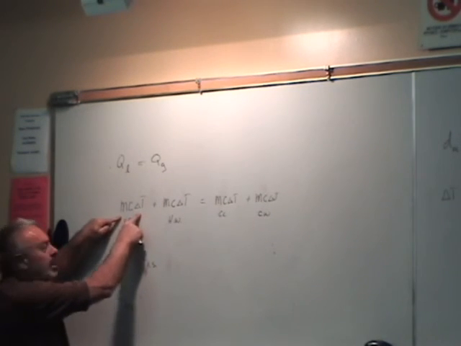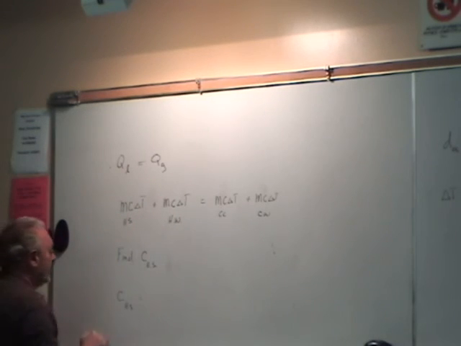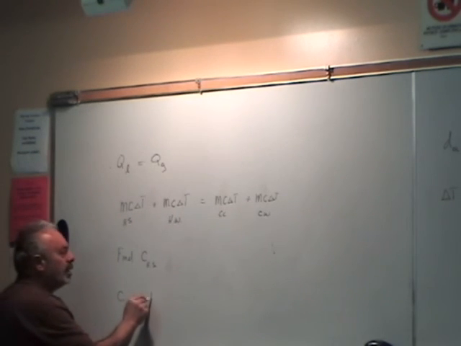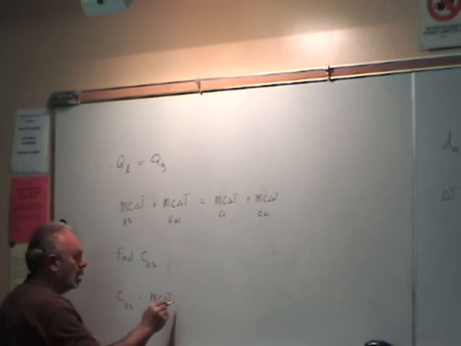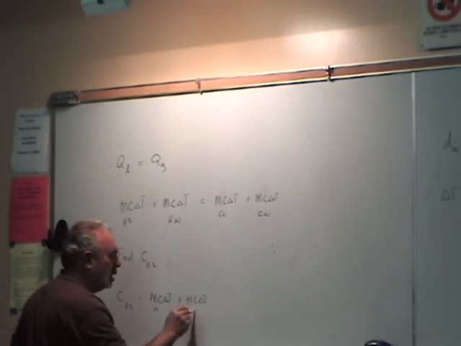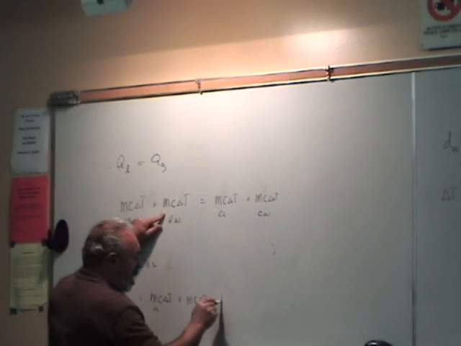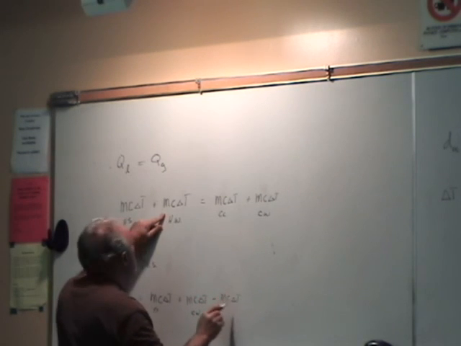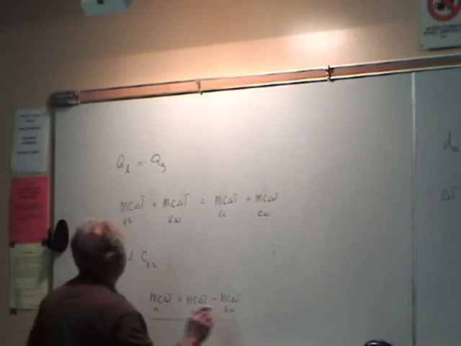Did everybody see that? This one, that one, take away that one, divide by these two. So we have MC delta T, our calorimeter cup, plus MC delta T, cool water, minus, what am I taking away, this one? MC delta T, hot water, divide by what? These two.